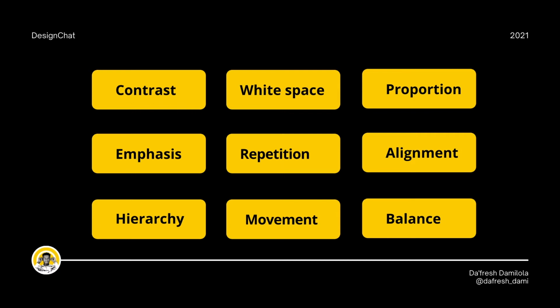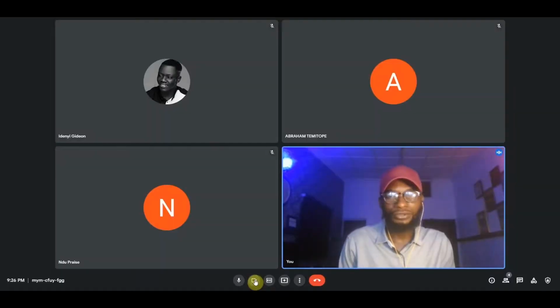There is no escape route around that, because those are the basic fundamentals of graphic design. So you cannot tell me you are a graphic designer and all you know is Photoshop. That is the first thing you need to know as a graphic designer, and then you will learn how to use design to solve a problem.